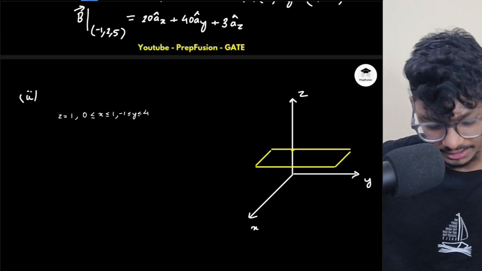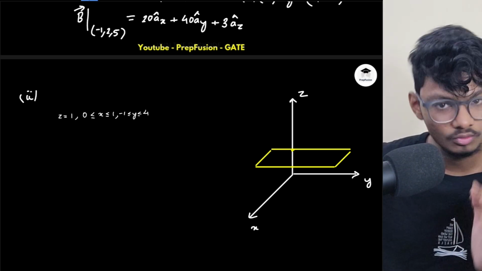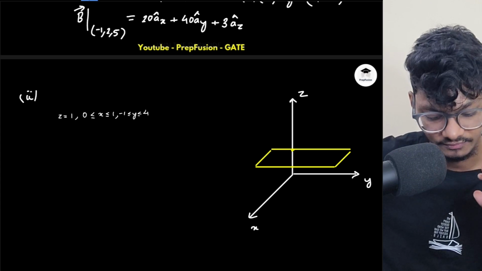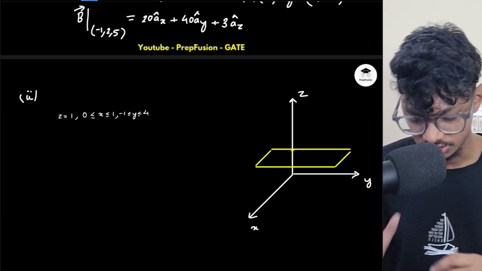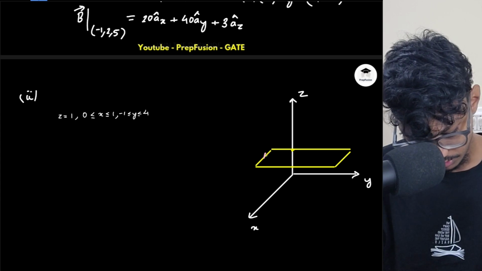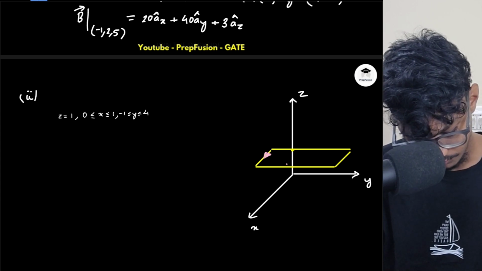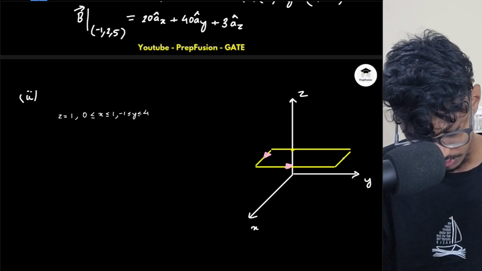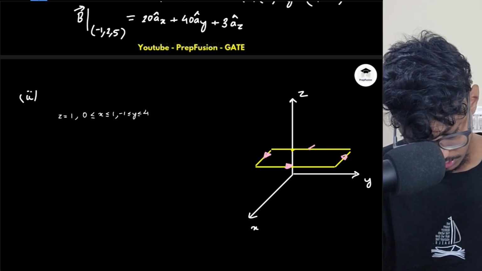They haven't mentioned the orientation, so I don't know the orientation. That is the important point, whether it will be positive or negative. So some orientation has to be mentioned. I will assume my orientation like this, with y going from -1 to 4.